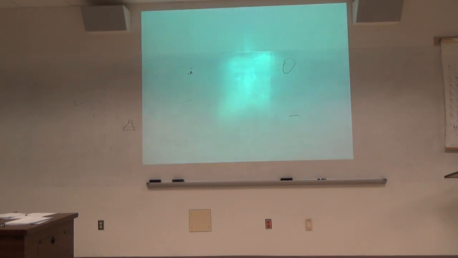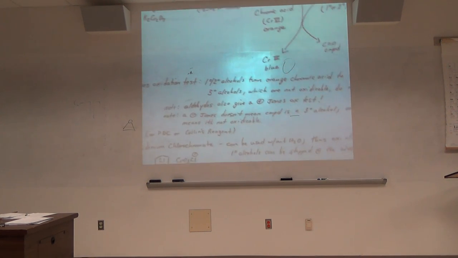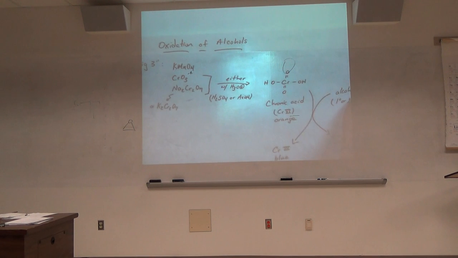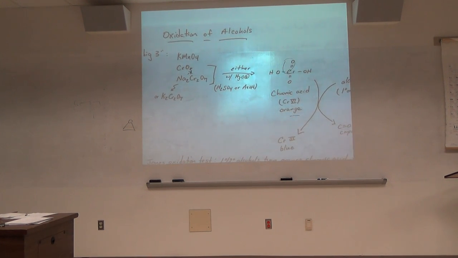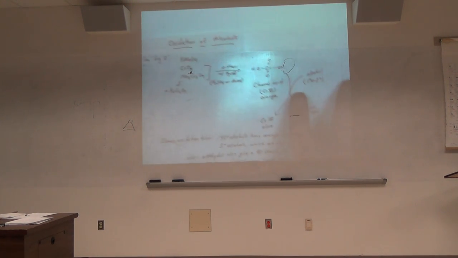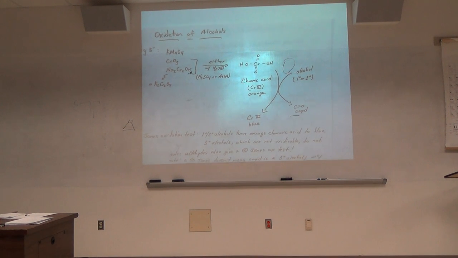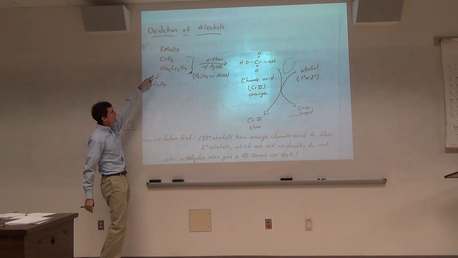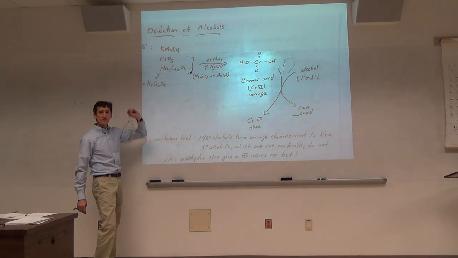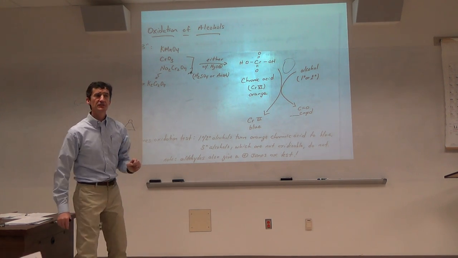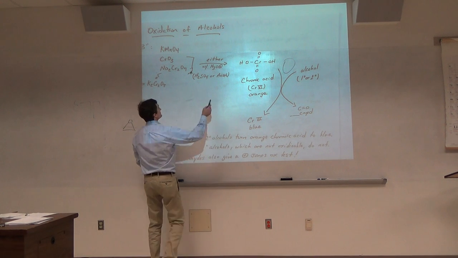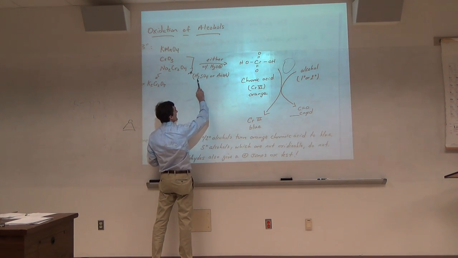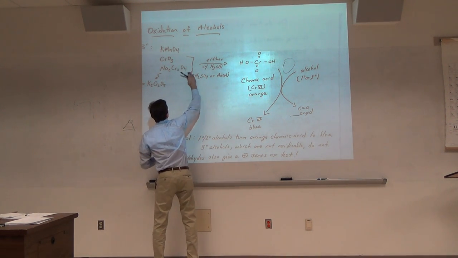Let's look over on the white sheet for a little more detail. Here are the big 3. Usually this reaction is done under acidic conditions: sulfuric acid, acetic acid, or whatnot.